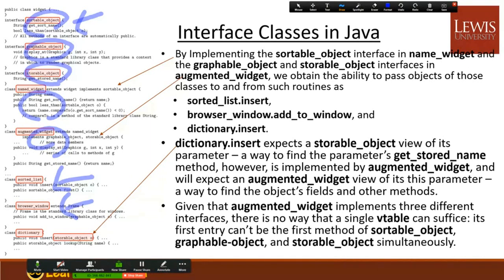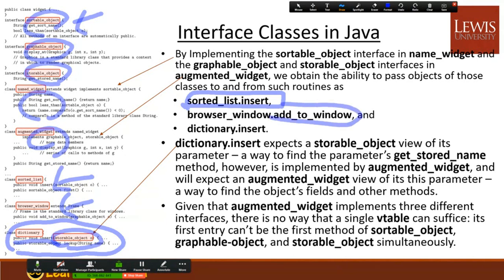Right here we have a dictionary class, and there is a polymorphic method called insert, and that insert accepts a storable object. So this dictionary has a polymorphic method, and you can do routines like sortable insert, draw window add to window, or dictionary insert.